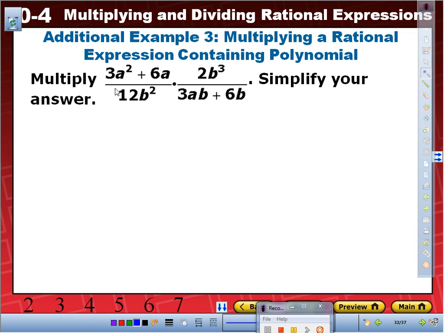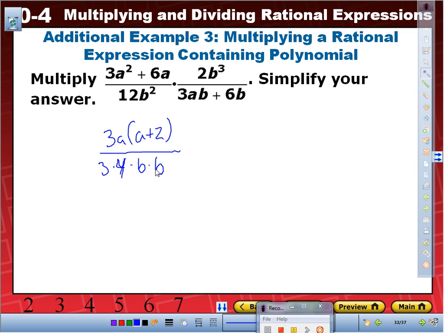Okay, as you're finishing off, I'm going to simplify the first fraction. This is 3a as my GCF. We're left with a plus 2 over this one. I'm going to factor completely. 3 times 4, 3 times 4 times b times b.